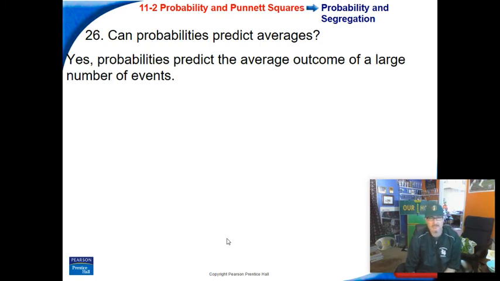Now let's take it another step. If you flip a coin 1,000 times, you are much more likely to end up with 500 and 500.